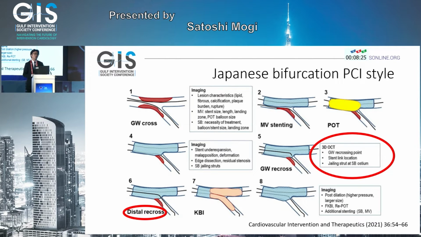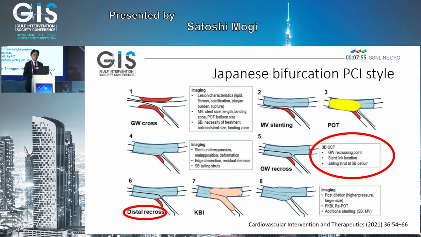We have to aim higher. So I'd like to explain the Japanese bifurcation PCI style. This is a recent strategy. After crossing both branches, main branch and side branch, we check OCT for both vessels. After stenting and after the POT, we do a second OCT to confirm good apposition and dilatation.